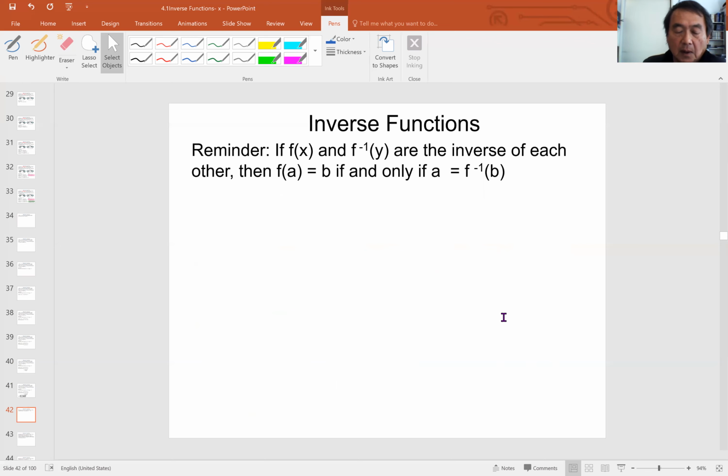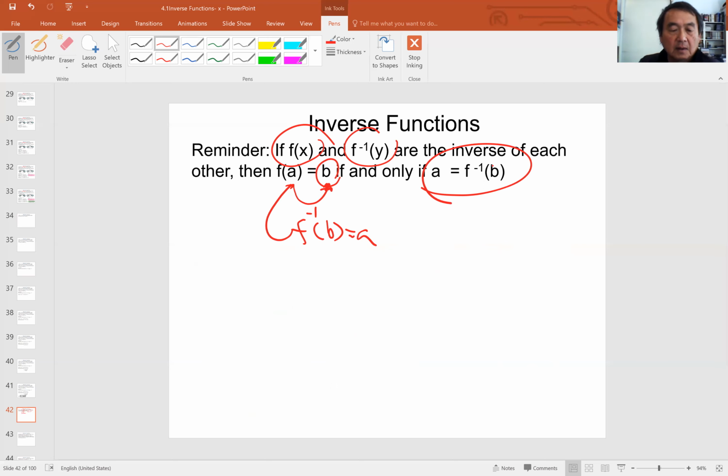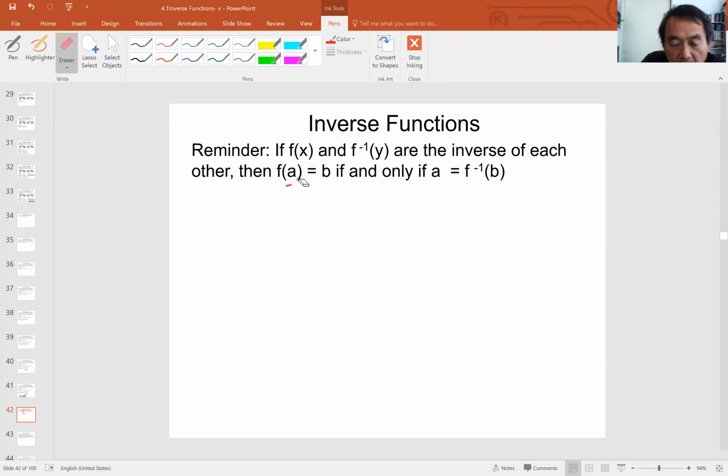So if I have an inverse pair of formulas, if f sends A to B, then if I use the inverse formula on B, I will get back to the A. You can think of this as coding and decoding.